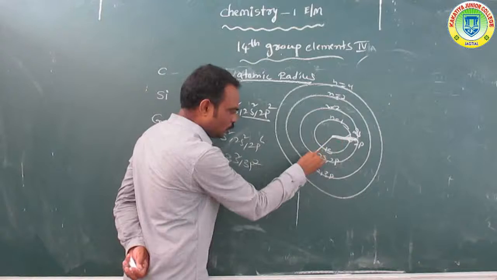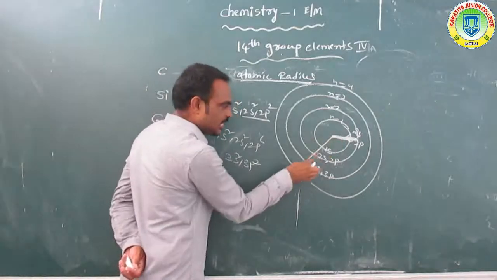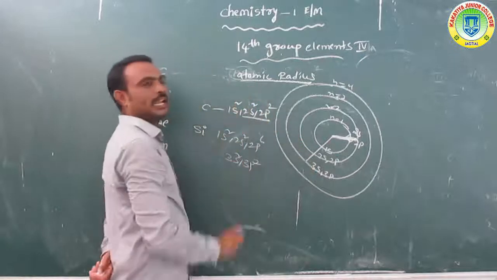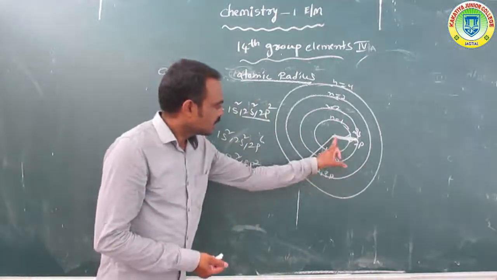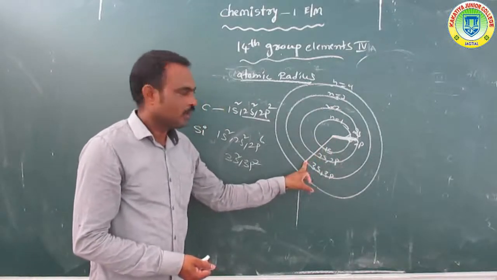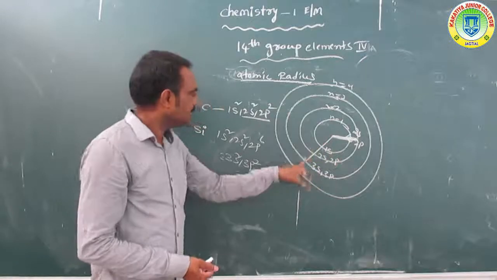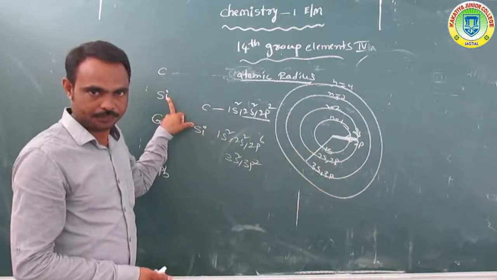So from the center to the outer shell, the third shell, this distance is called the atomic radius. Okay, so this distance is the silicon atomic radius.